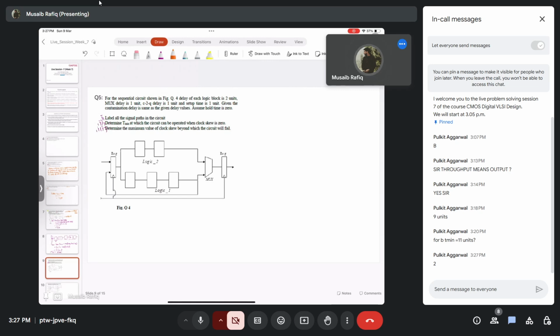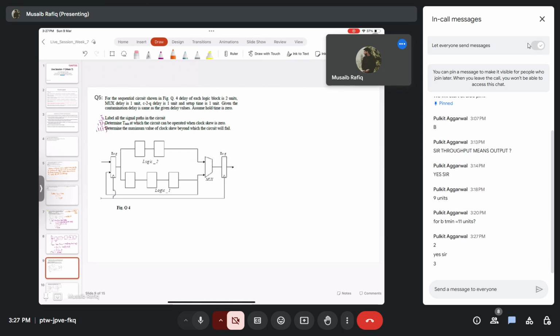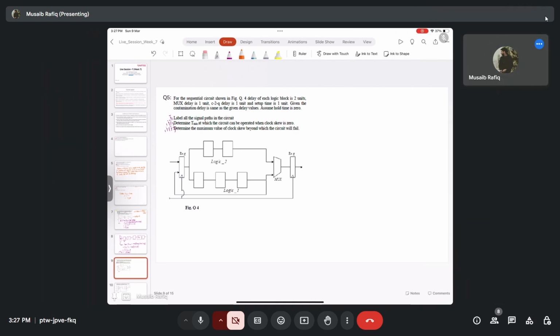Can you look for that? So how many paths will be there now? Yes. So let's label them.